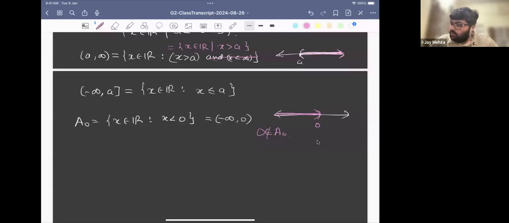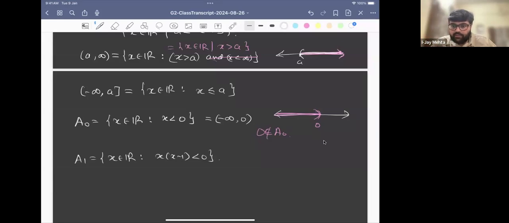Good. Now my set is X belongs to R such that x into x minus 1 is less than 0. We have to identify the set. See, when you first see the set, what is the first question we ask?